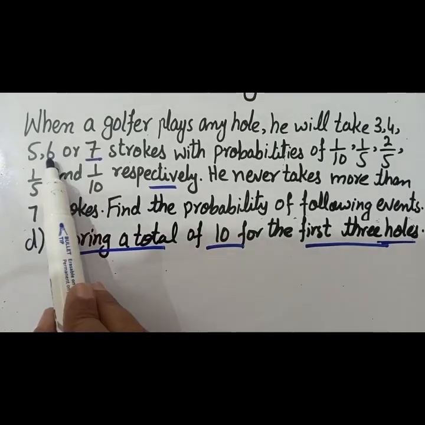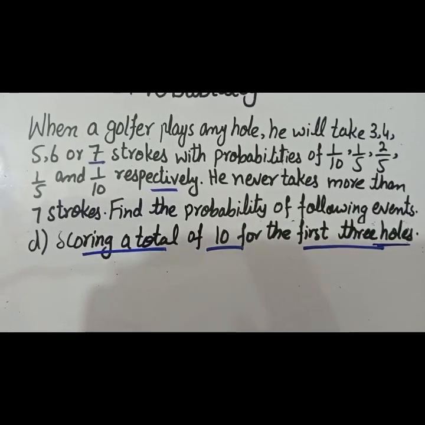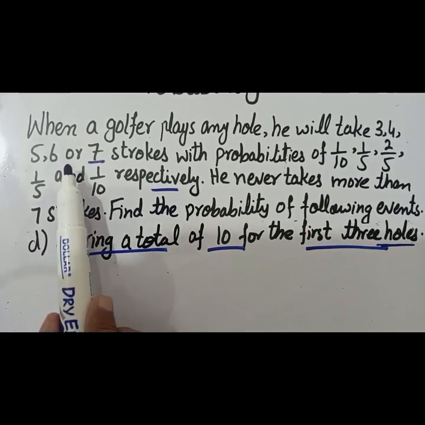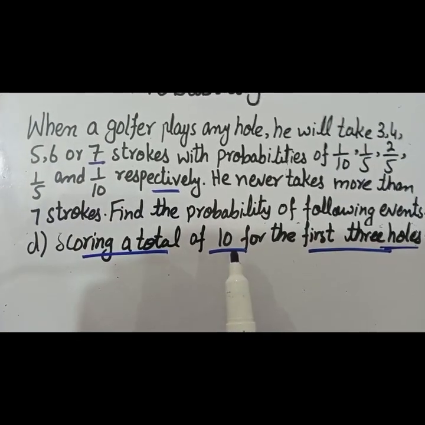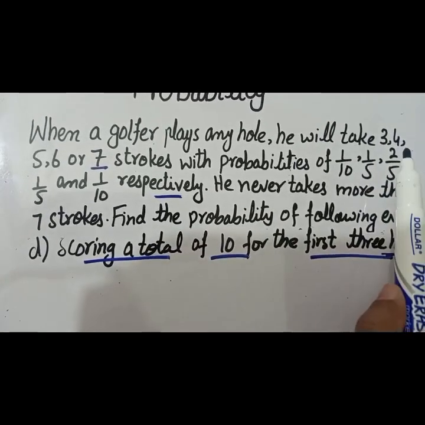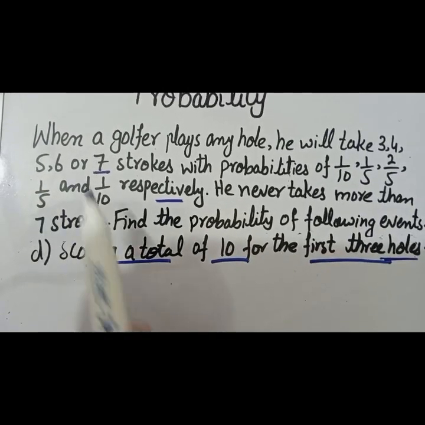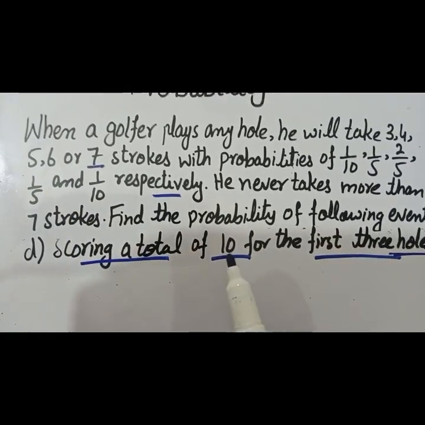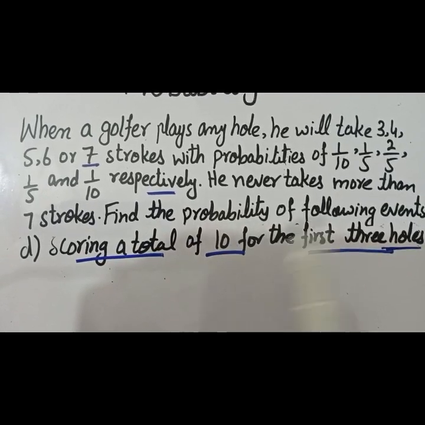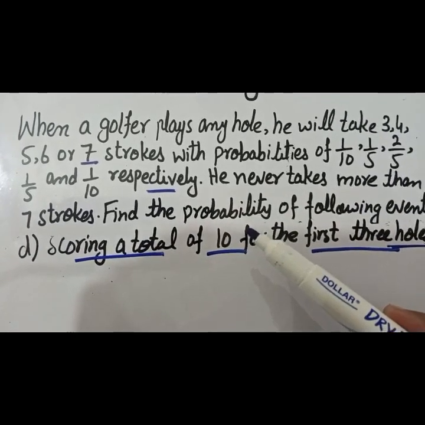If we add 6 and 7 we will get 11, so this is not possible. If we add 5, 6 and 7 we will get a number greater than 10. So we are left with only one option, that we have to use these two numbers only, 3 and 4, in order to make a total of 10.